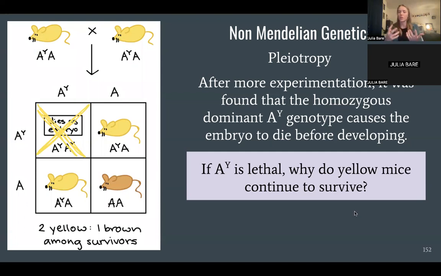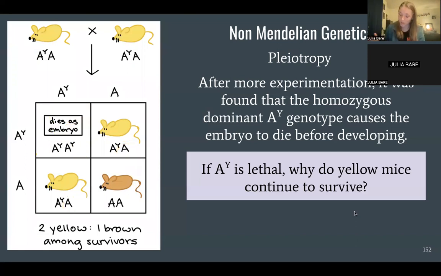Well, I sort of just answered that question, right? The yellow mice are continuing to survive because they have one copy of the non-deleterious allele. They have one copy of the allele that provides them with a somewhat normal physiology, while the other allele provides those health issues in terms of their physiology, right?